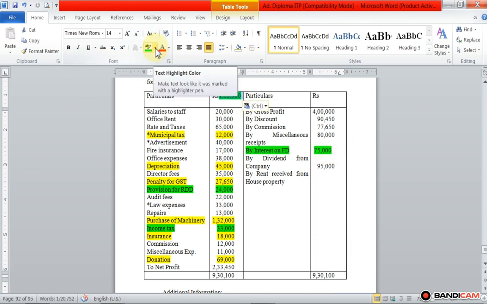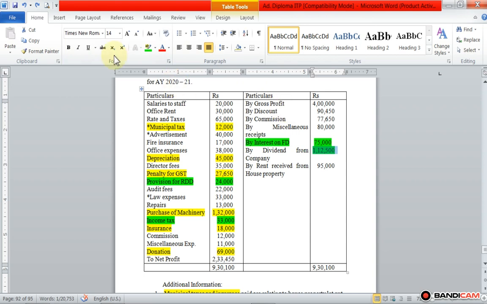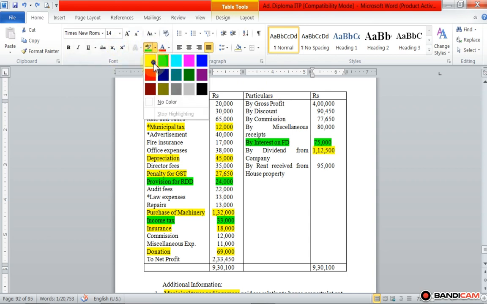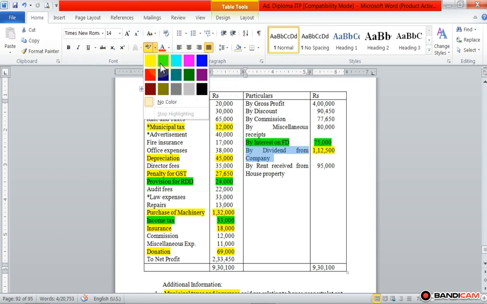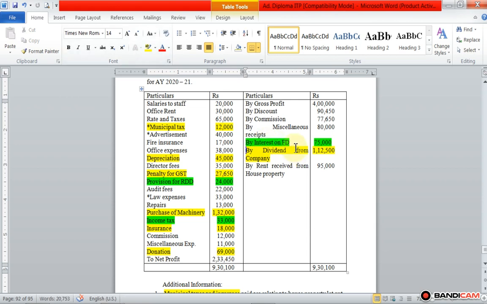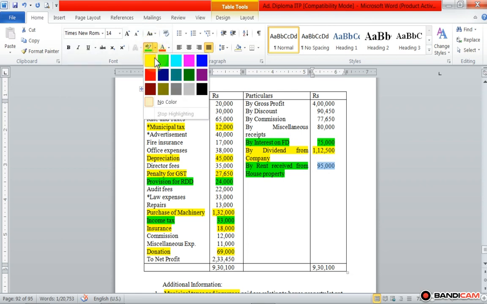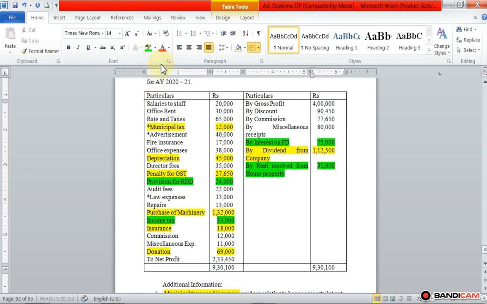This is income earned from dividends from other companies, amounting to rupees 1,12,500, and interest on FD amounts to rupees 75,000. Then rent received from house property is rupees 95,000. So these are the incomes earned from other sources.